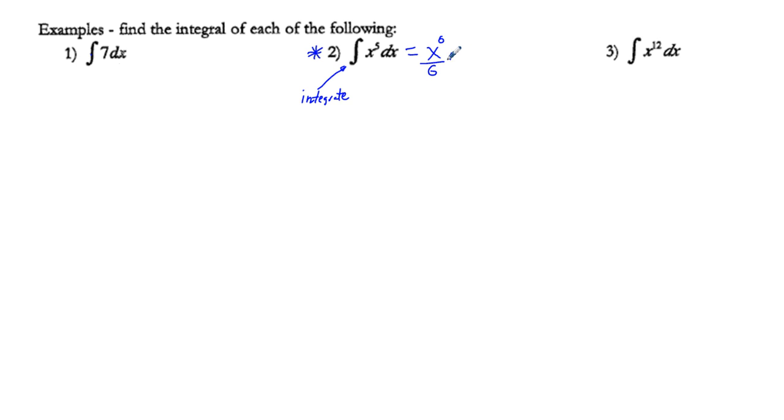And then we have to add the unknown but necessary constant of integration c. And so sometimes you'll see this written as 1/6 x to the 6th power plus c. Okay, that's problem number 2.